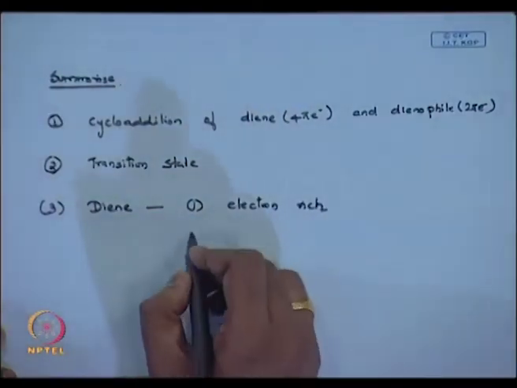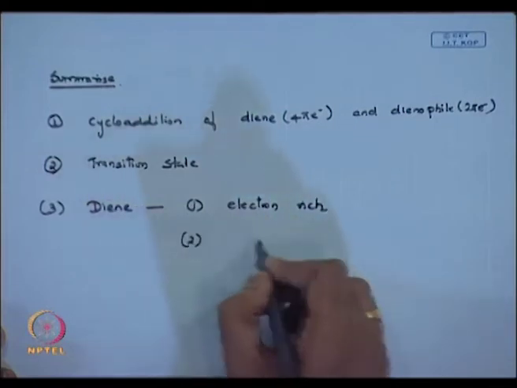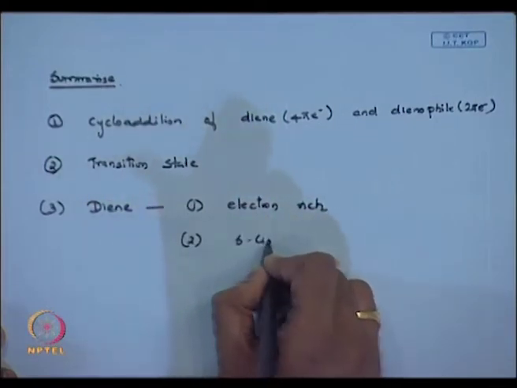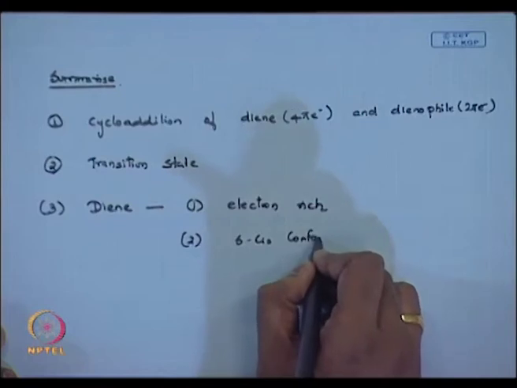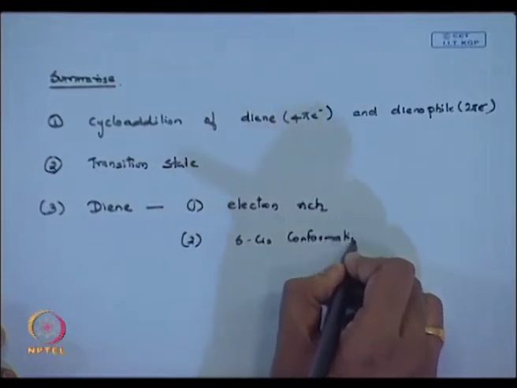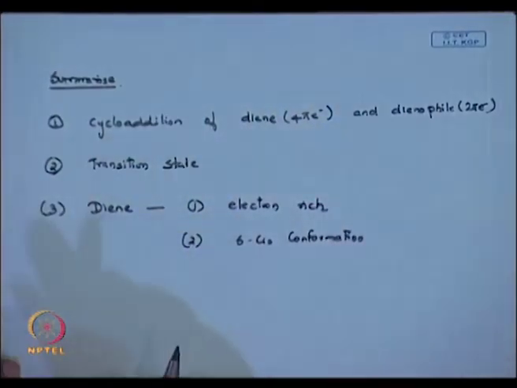Another thing which we talked about is that it should be in S cis conformation. In case of cyclic dienes, you have the conformation locked, either cis or trans.